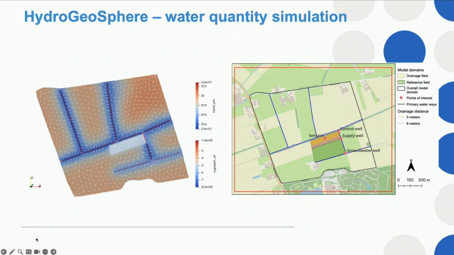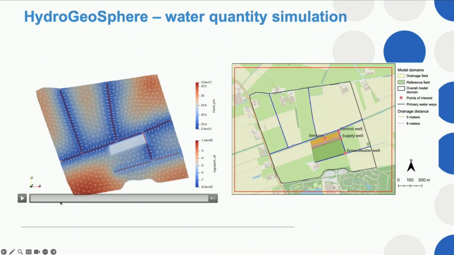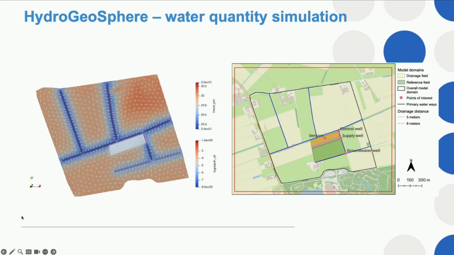Precipitation is being added to the top of the model, and you can see in red in the channels that you have some drainage there. The color is the groundwater head. You can see the groundwater head responds to precipitation as it bulges upwards, and that's then drained to the ditches.